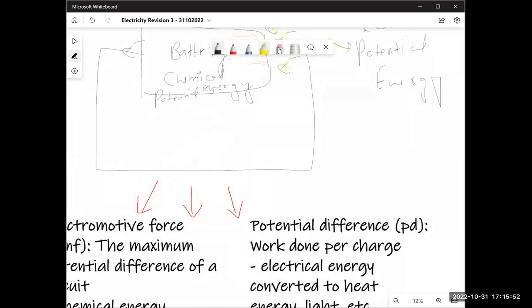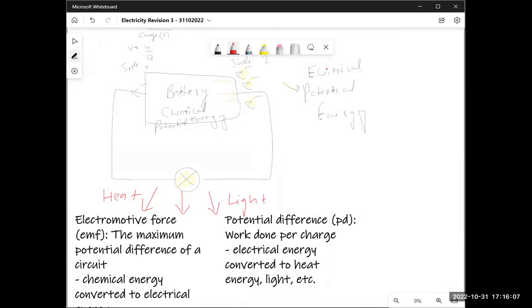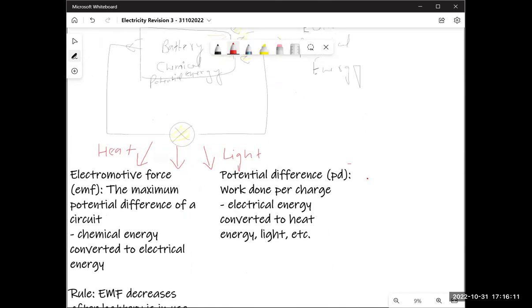Because if I make a bulb right here, the electrons go through the bulb and release energy. This is seen as light, and this is seen as heat. Now this part is called electrical potential energy to light and heat. That's this part. All right.